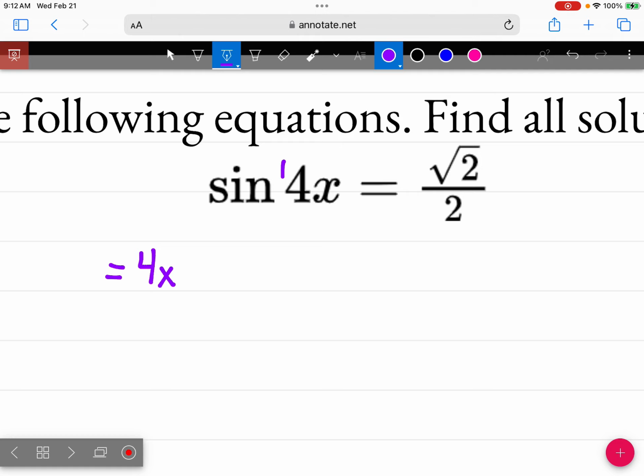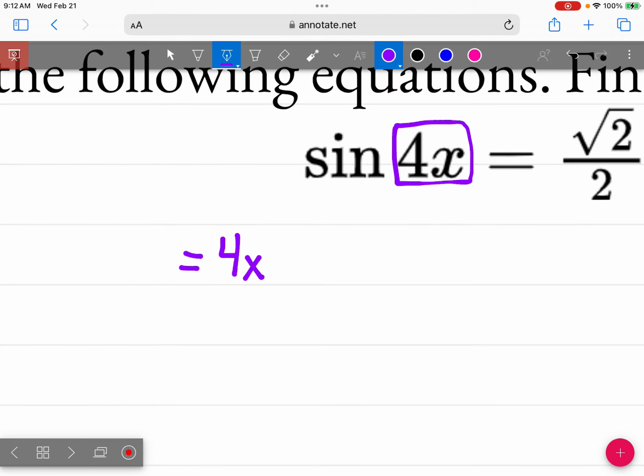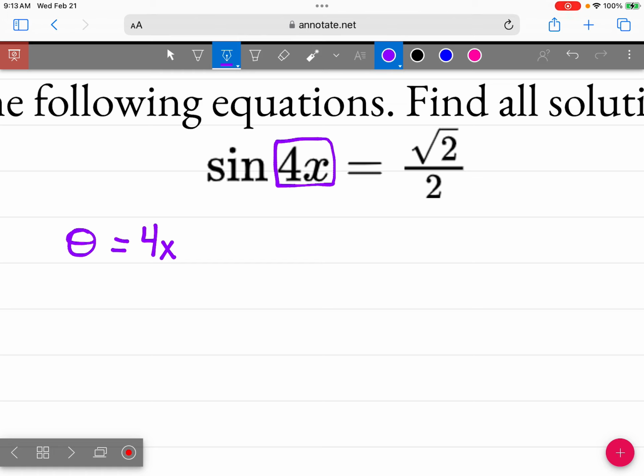Theta, sure. Doesn't matter. There's not a wrong answer there. You can do theta. Well, I wouldn't do x because we already have an x. You could do y, you could do a heart, you could do a happy face. It's a variable. It doesn't matter.